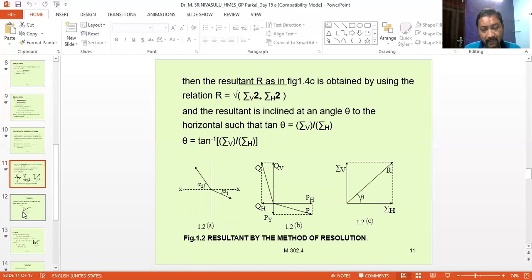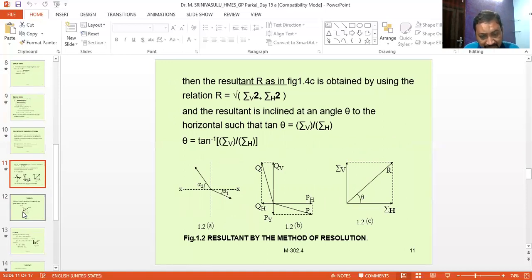So here, for example, we have taken two forces, the P force and the Q force. In figure 1.2a, the upper force is called the Q force, and the force acting downward is called the P force.